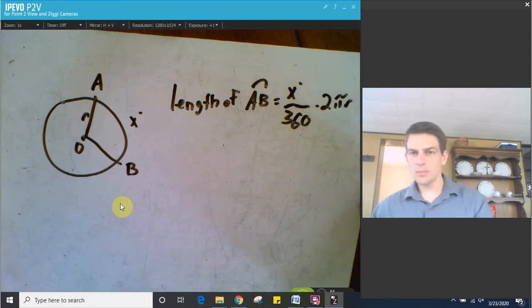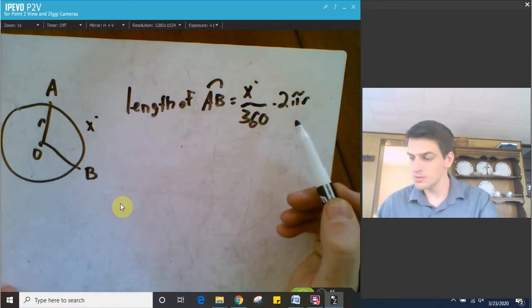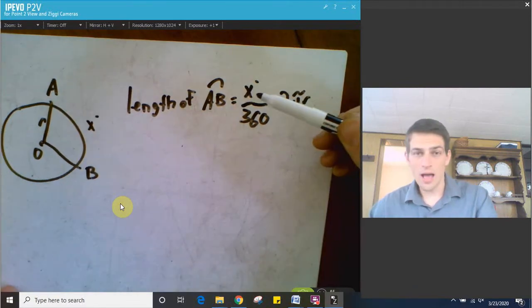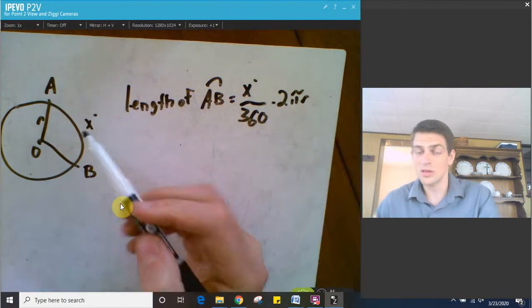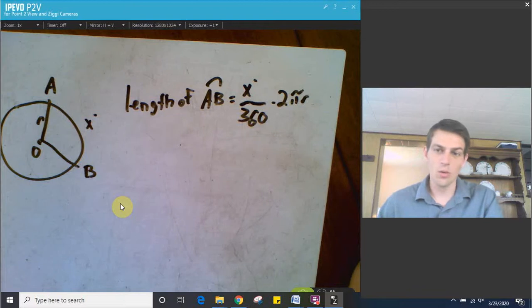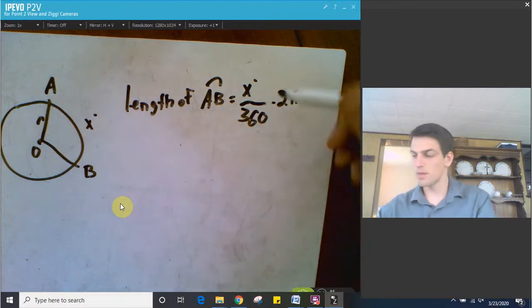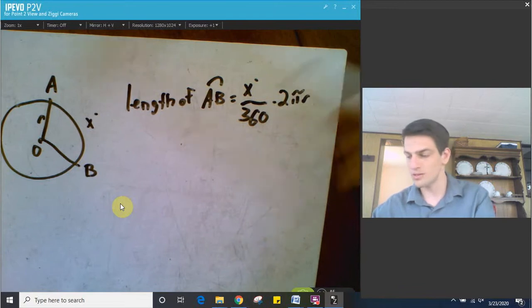So it looks like a complicated formula at first, but when you think about what's going on, it's not. This section 2 pi r here is just the circumference, and then you're just taking whatever proportion of the circumference you have. So if you have 90 degrees, that would be 1/4 of the whole circumference. If you have 60 degrees, that would be 1/6 of the whole circumference. And you can get that exact ratio just by dividing whatever your arc measure is by 360.